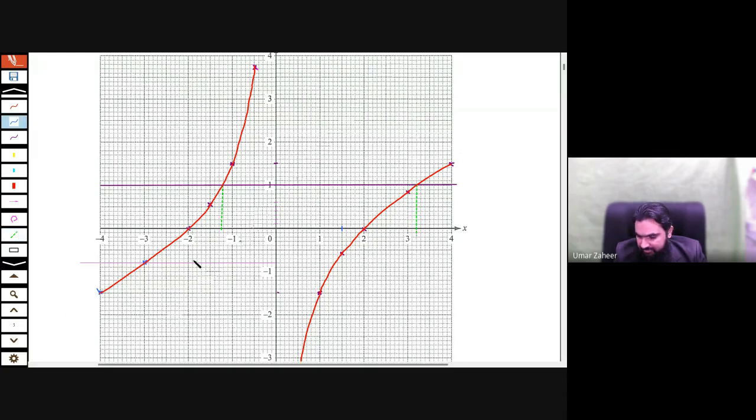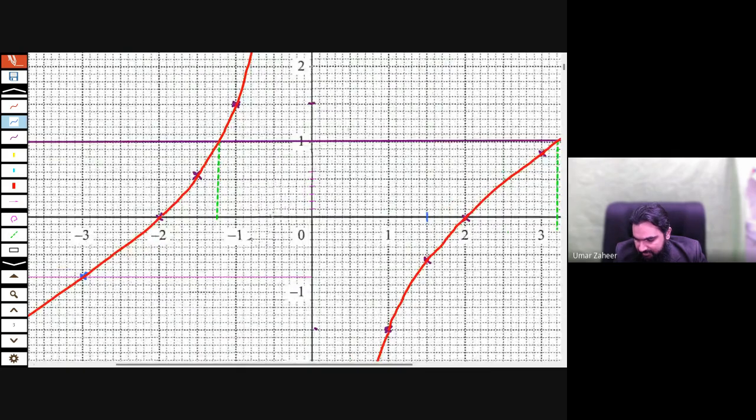Let's zoom in. It is minus 1.1, minus 1.2. So it is not between, it is exactly minus 1.2. So this point is minus 1.2.